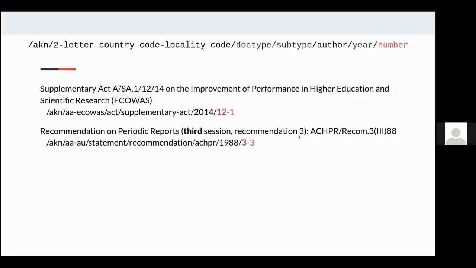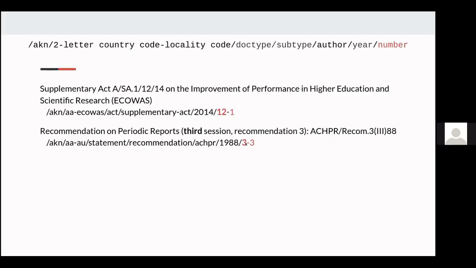And similarly, for this recommendation from the AU, they include the session as well as the recommendation number in their naming convention. So the recommendation numbers are already unique, in fact, so we don't need to include the session number, but because it's how they're used to seeing them, we try to incorporate as many elements from the existing naming conventions into the URIs that we generate.